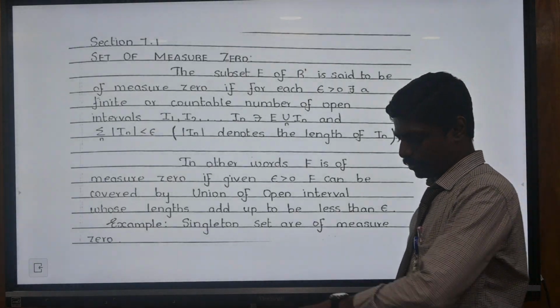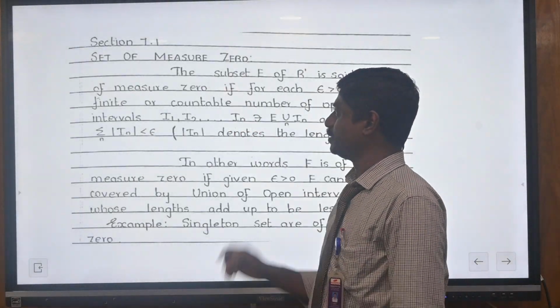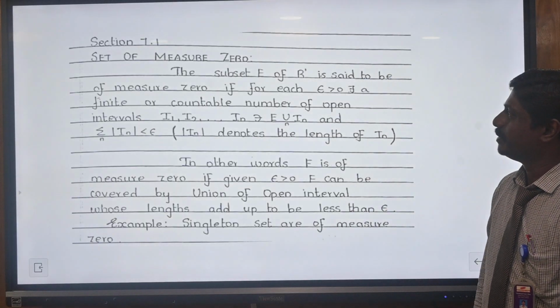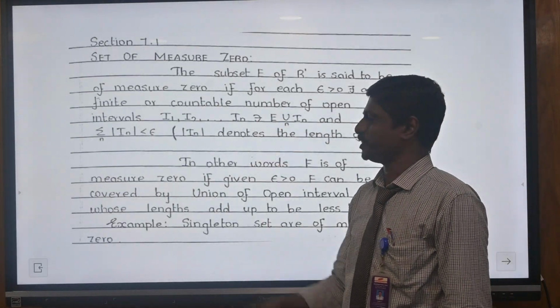Now, sets of measure 0. It's an important concept, a nice concept also. First, let us see the definition of measure 0.